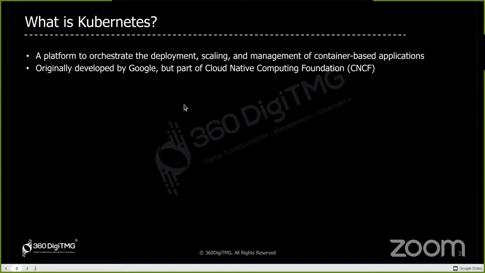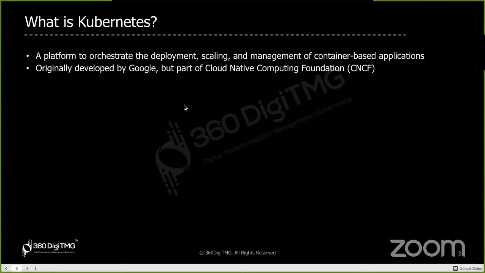Okay. So it was originally developed by Google, but now it is part of the Cloud Native Foundation. So what is the benefit of being in the Cloud Native Foundation? It means that it is open source. Okay, it is open source. That is the big benefit.